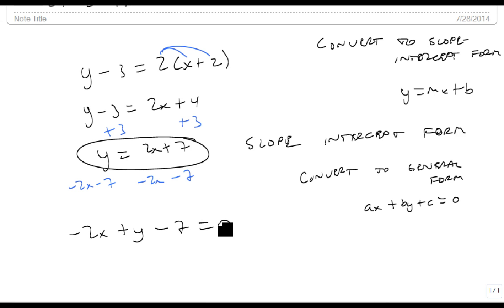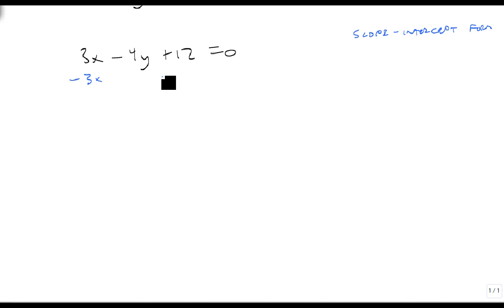Well, knowing that, we could also start in general form, and this happens more often than not. 3x minus 4y plus 12 equals 0. And if we want to go to slope-intercept form, then the first thing we're going to do is subtract 3x and subtract 12.